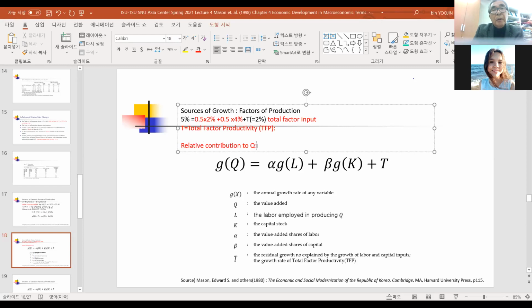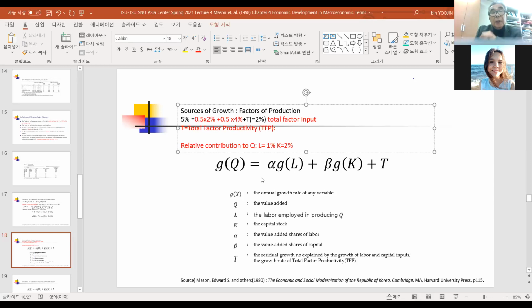Labor. We call labor contribution 1%. Why 1%? Because 0.5 times 2%, this is labor. What about capital? Capital contribution, we say 0.5 times 4%, so 2%.